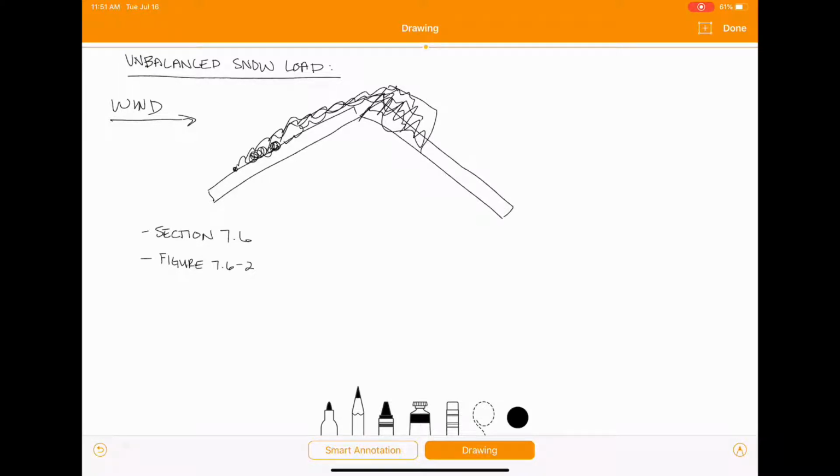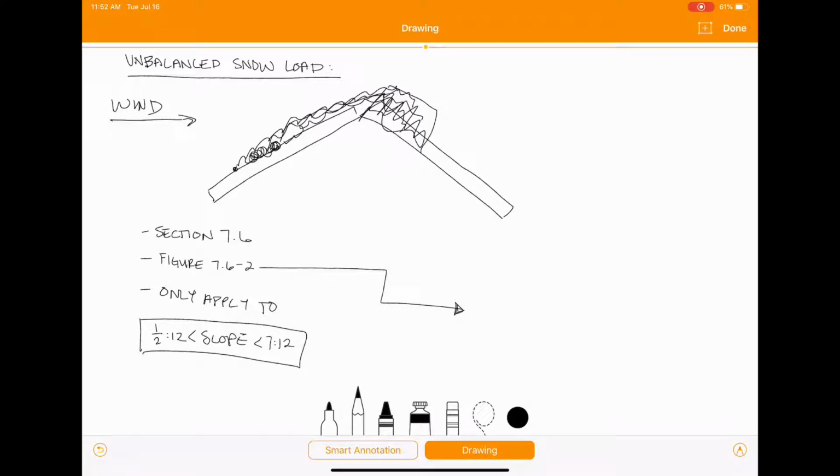However, one thing to note from the text that you can't visualize from the figure is that unbalanced snow loads only apply to roofs with a slope that is greater than 1/2 on 12 and less than 7 on 12. If you're not within this limit, then this unbalanced condition does not apply.